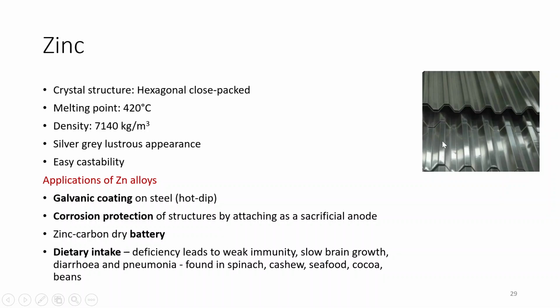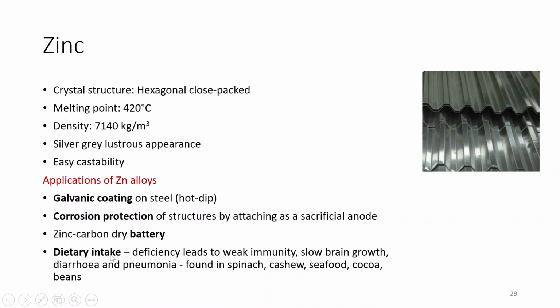So it will protect steel from oxidation for a long time. Then you have corrosion protection of structures by attaching a sacrificial anode. Then you have zinc carbon dry batteries, which are another application of zinc.